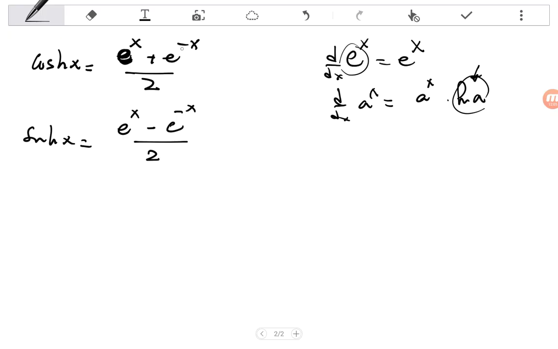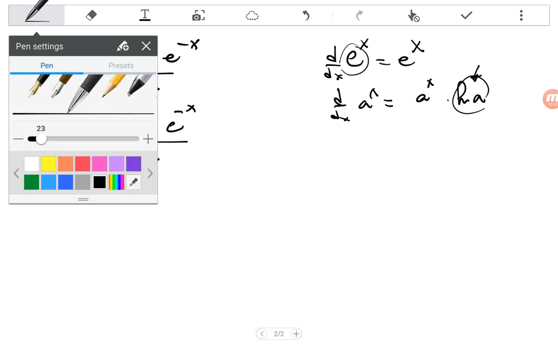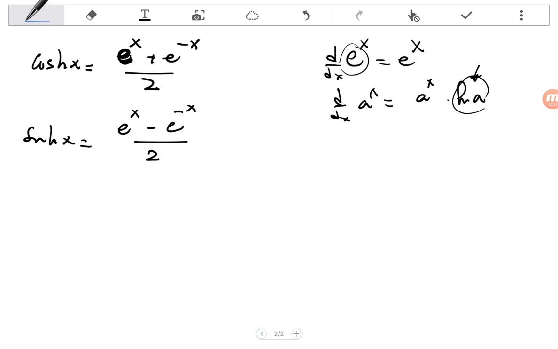So cosh x is e power x plus e power minus x over 2, and sinh x is just e power x minus e power minus x over 2. This is the definition for cosh and sinh. Okay? This is also analogous to another definition for trigonometric functions.